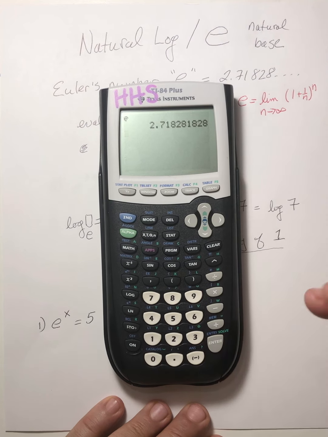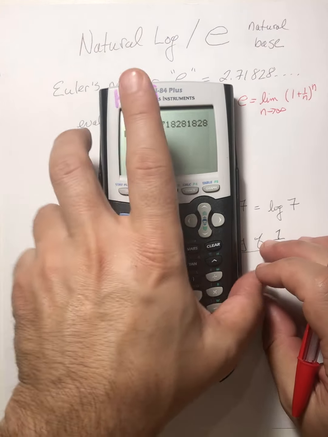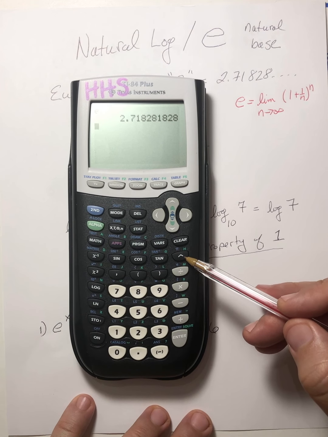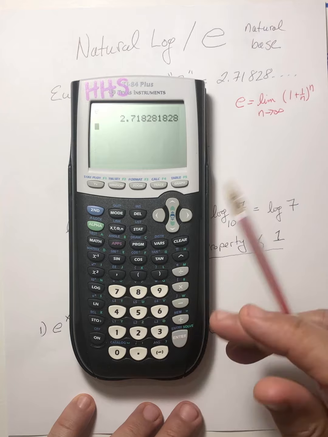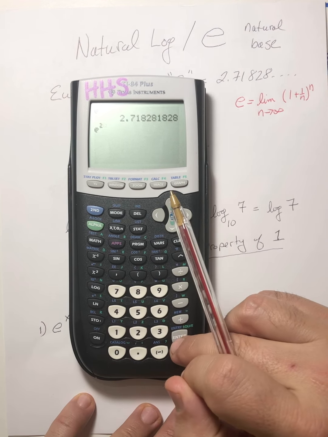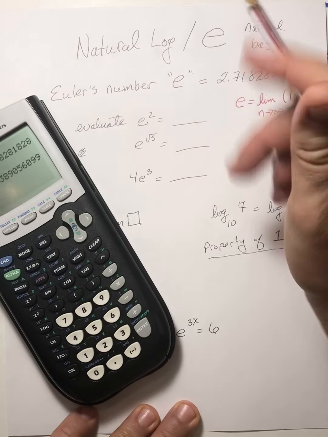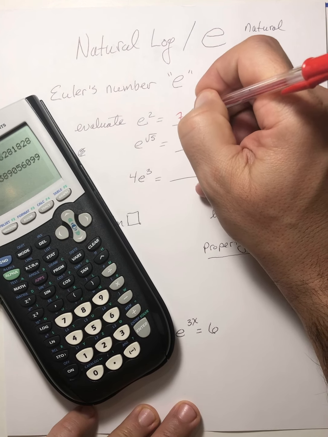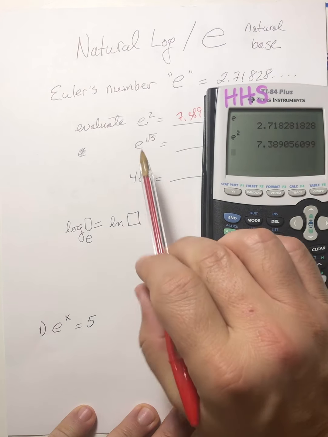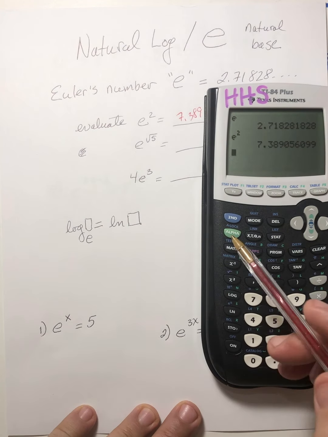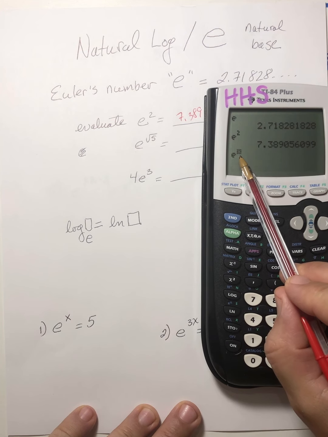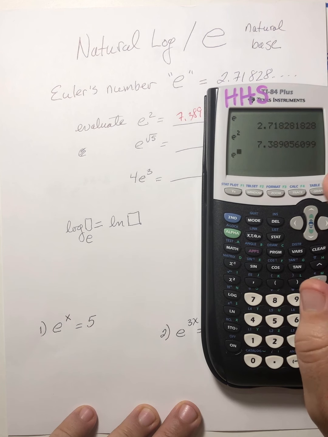If I wanted to do e to the power of 2, I could use this with the caret key, or else I can just use e to the x, same thing. So second e to the power of 2. I'll round this to the nearest thousandth, so 7.389. Or I can do e to the square root of 5, so I'll use this one this time. Second e to the x, there it is, waiting for me to type in square root of 5.